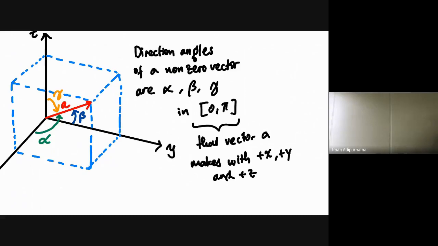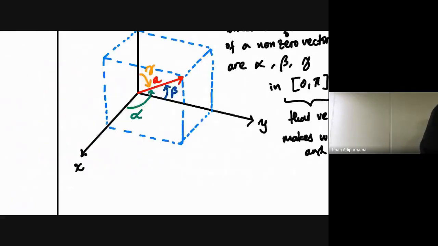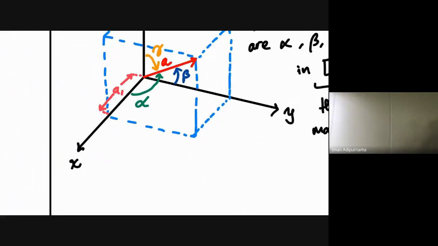And then if we are, let's say, mark this as A1 for the x, and A1 is actually A dot the I, the standard basis vectors.